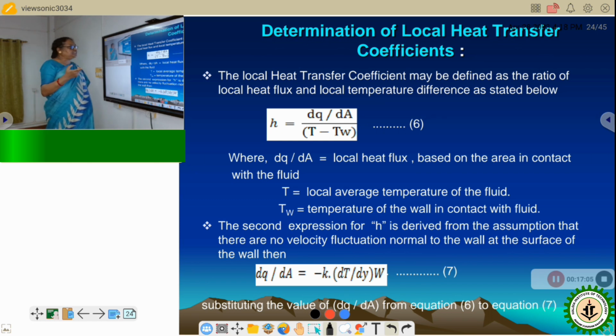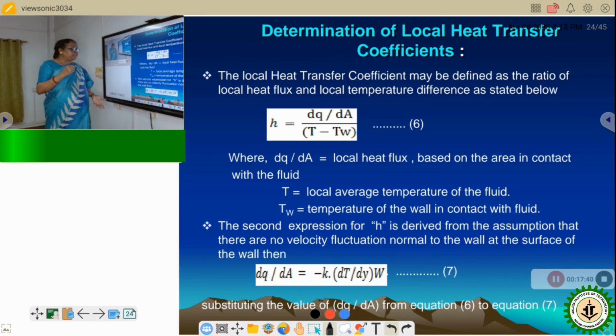That is, small h is equal to dq by dA, the heat flux, divided by T minus Tw, where dq by dA is the local heat flux based on the area in contact with the fluid, T is the local average temperature of the fluid, and Tw is the temperature of the wall in contact with the fluid. The second expression for small h is derived from the assumption that there is no velocity fluctuation normal to the wall at the surface of the wall.